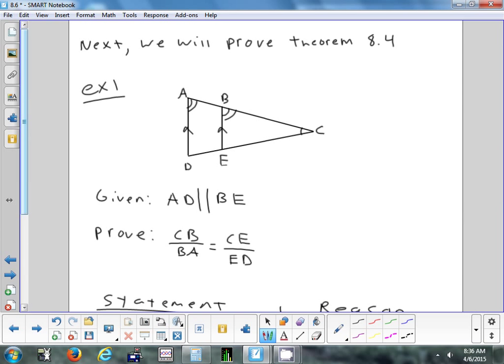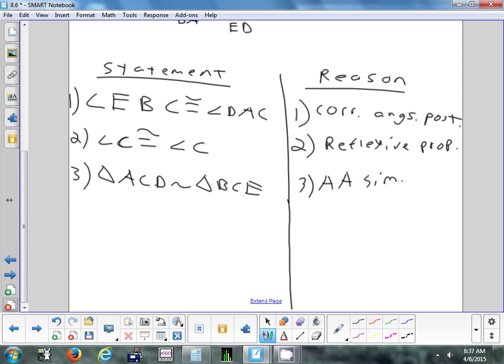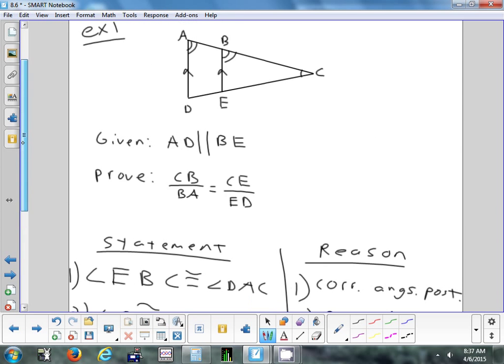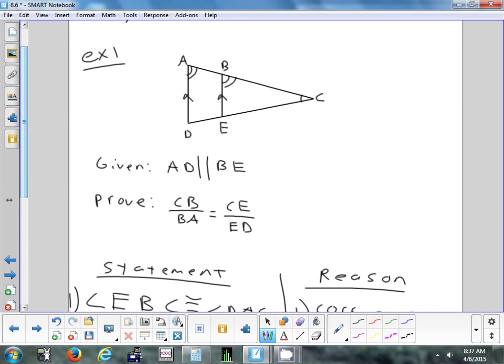ACD and BCE. Yep. Good. And the reason? That's angle-angle similarity. Okay, angle-angle similarity. Okay, any question on that?